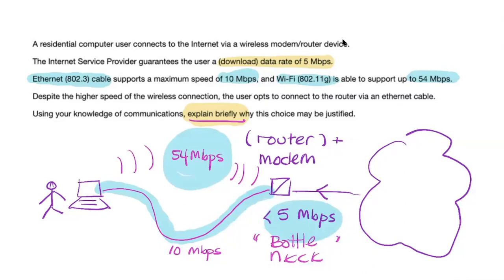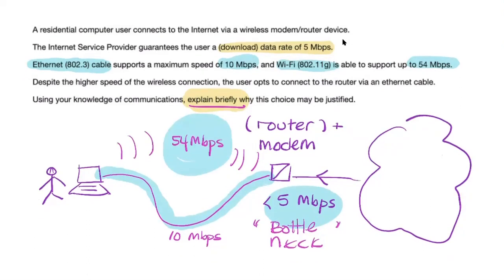Okay, so all you needed to say in this question was that we have a 5 megabit per second bottleneck, or something like it's not possible to download at a rate faster than 5 megabit per second. Therefore, the 10 megabit per second Ethernet connection is perfectly fine because it'll be operating at 5 megabit per second.